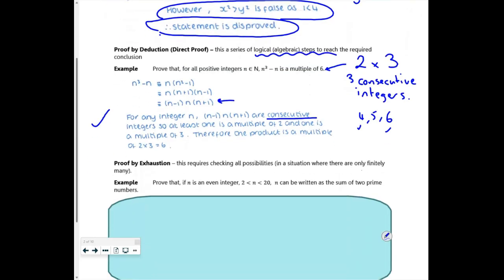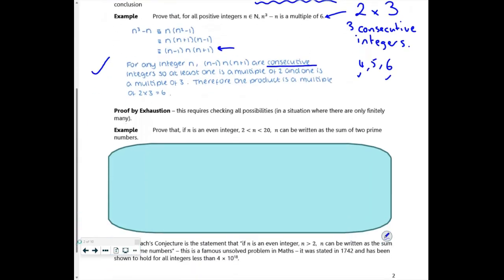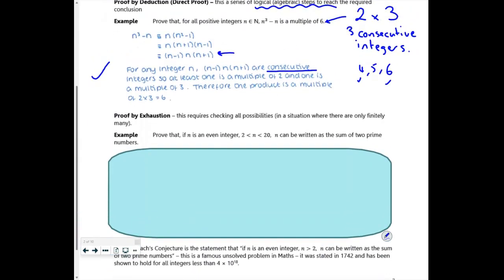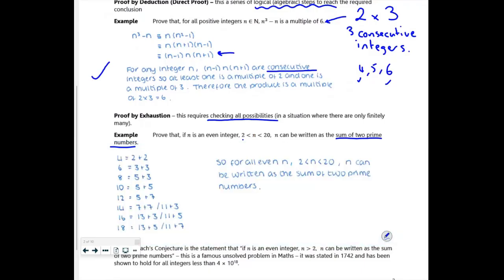And then I've got proof by exhaustion. Oops, not dropping down enough. So check all the possibilities. So I'm told that it's between 2 and 20, and n can be written as a sum of 2 prime numbers. So let's have a look what this does.